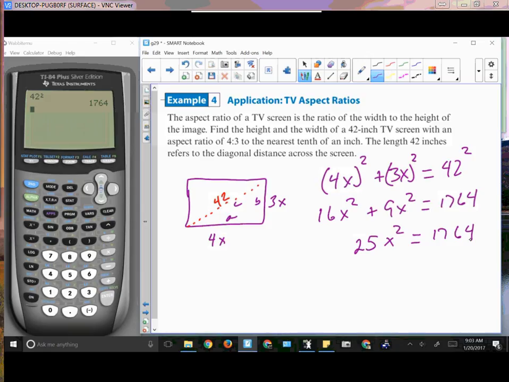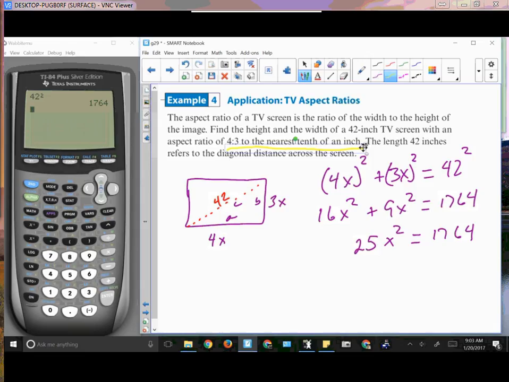Now, I can already tell that I'm going to have mathematical problems here because this thing isn't divisible by 25, is it? But remember, if you've actually read through the instructions, it says find the aspect ratio to the nearest tenth of an inch. So this means that I get to use decimals, right?